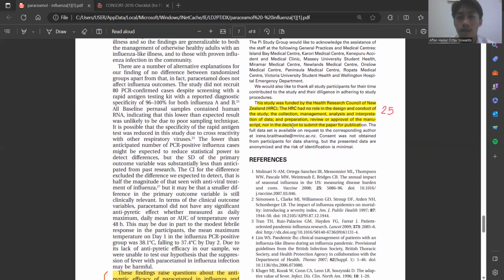In this article, we can find that this study was funded by the Health Research Council of New Zealand, or HRC. The HRC had no role in the design and conduct of the study, the collection, management, analysis, and interpretation of data, and preparation, review, or approval of the manuscript, nor in the decision to submit the paper for publication.